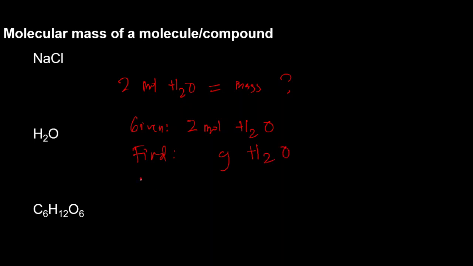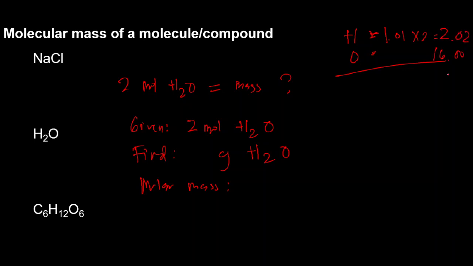Then the molar mass: what is the molar mass of water? It is 1.01 times 2, that's 2.02, plus 16. So the molar mass of H2O is 18.02 grams per mole.